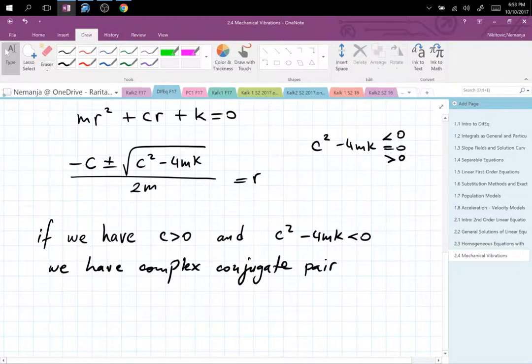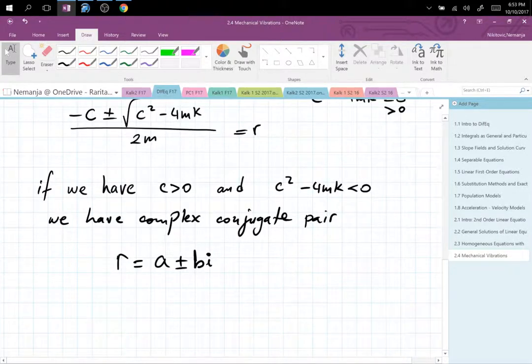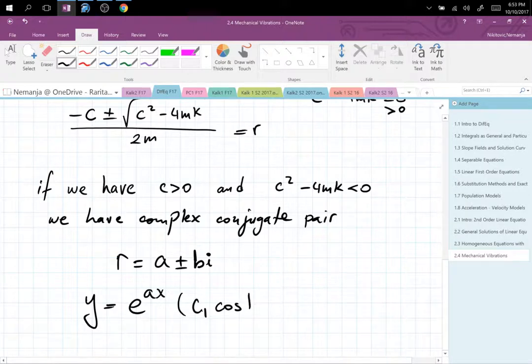Now, that complex conjugate pair is going to be our good old r equals a plus minus bi, which gives us the solution of y equals e to the ax, C1 cosine bx plus C2 sine bx.